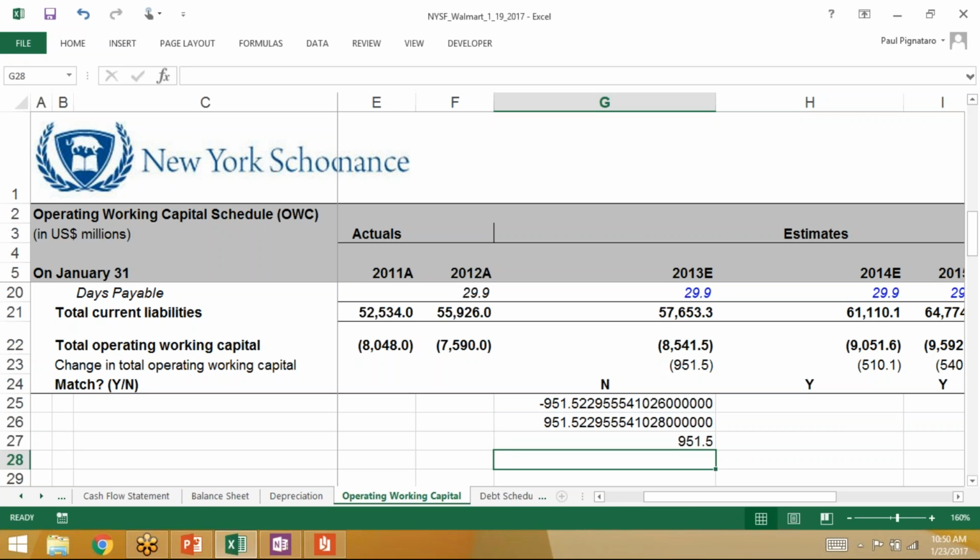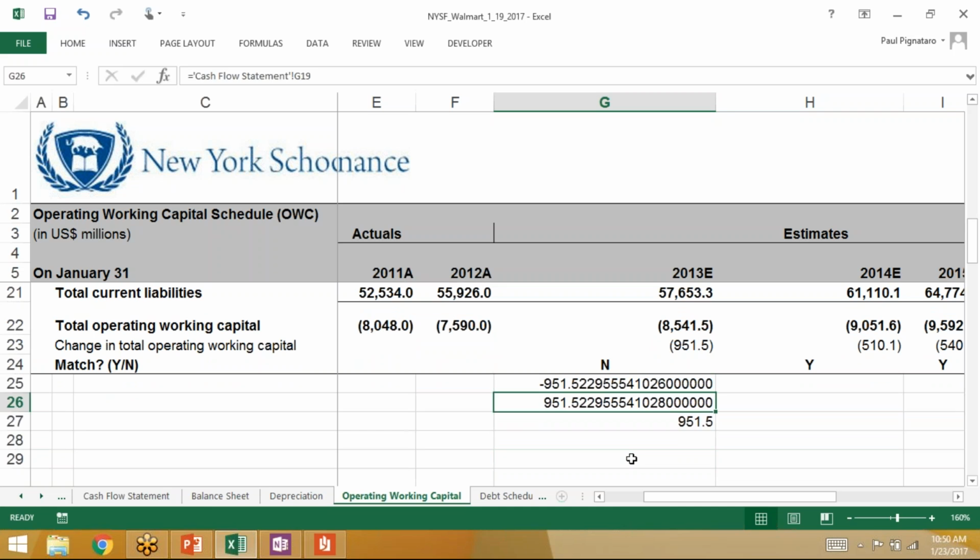Were you comfortable with the if formula? For anyone else that's curious, it basically says: round the answer, so if this plus this equals 0, then return a yes.